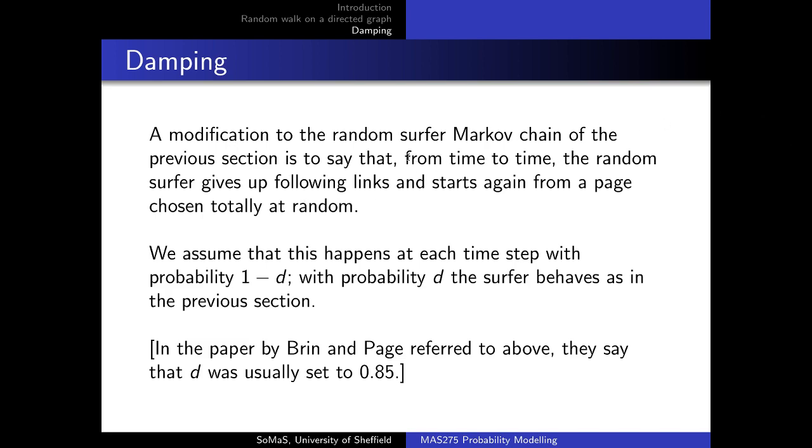So from time to time, the random surfer gives up following links, and instead starts again from a page chosen totally randomly. The way to do that is to say that at any time, with probability D, we keep following hyperlinks, but with probability 1 minus D, we start again at a random vertex, a random page.